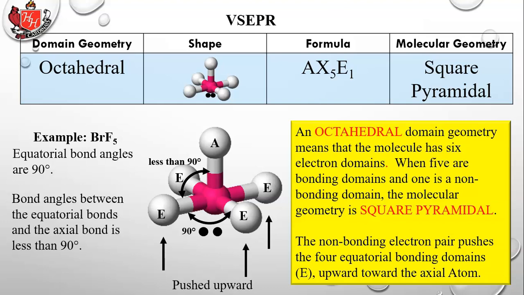So now they're kind of squeezed upward a little bit. So this is bromine pentafluoride. The equatorial bond angles are still 90 degrees, slightly less actually. The bond angles between the equatorial bonds and the axial bond is less than 90 degrees. So everything's getting pushed upward except the A atom is not.